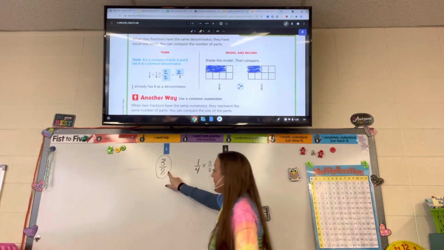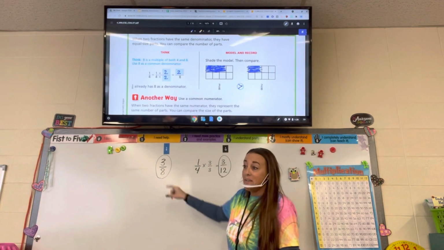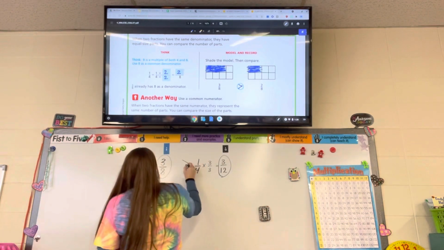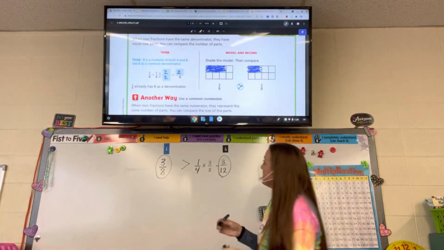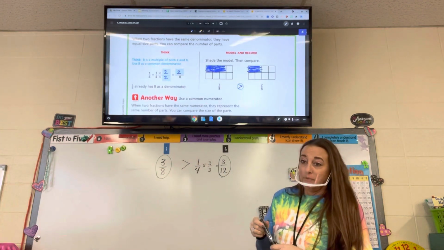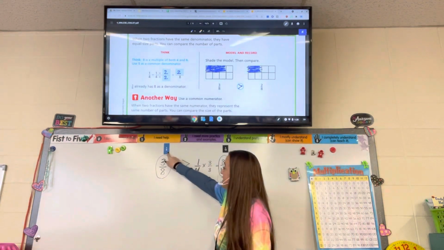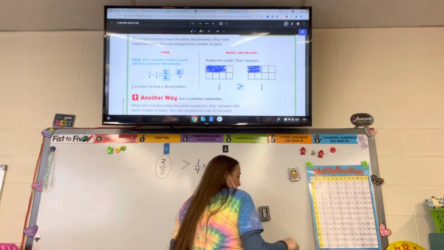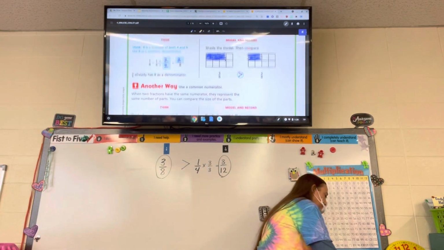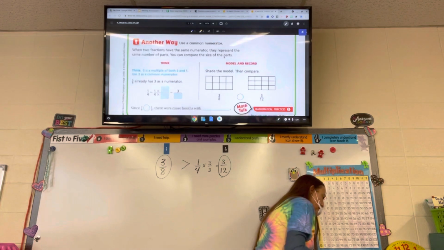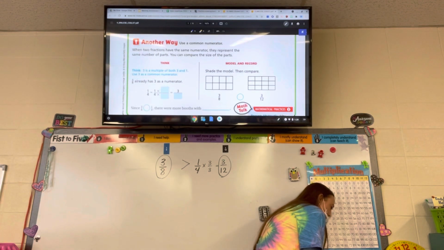So 3/8 size pieces are going to be greater or bigger than 3/12 size pieces, right? 3 of these is bigger than 3 of these. And let's go fill that in. Okay, so we took 1/4 and multiplied it by 3 over 3 and got 3/12.